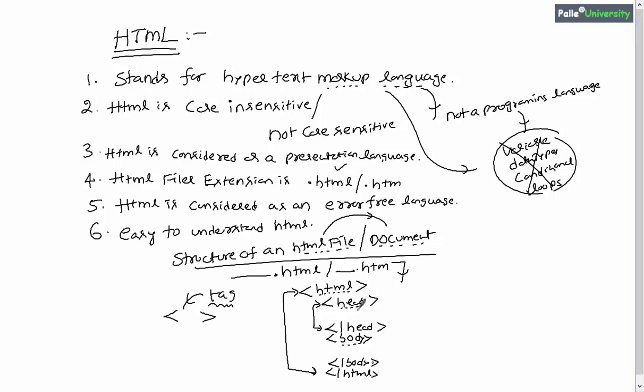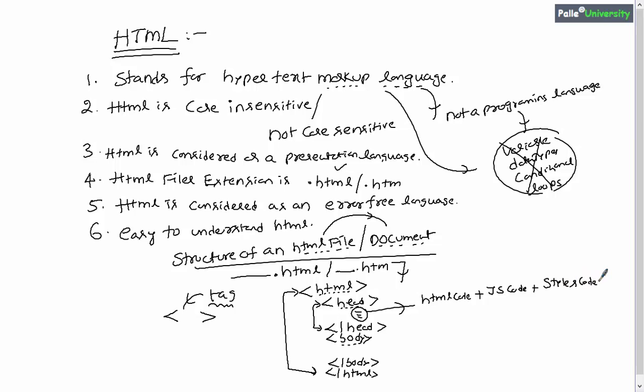In general, inside the head tag you will be writing some HTML code. You need not bother about what HTML code you will be writing, but in general inside the head you can write some HTML code, and even some JavaScript code, and if you want you can write some styles code.